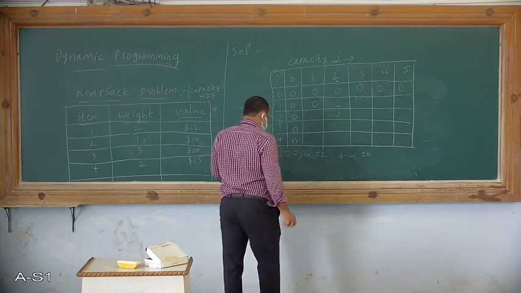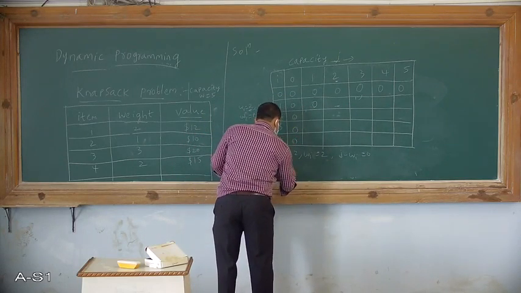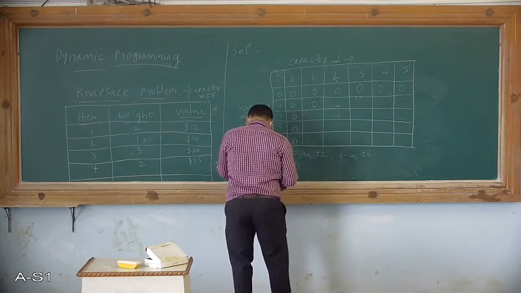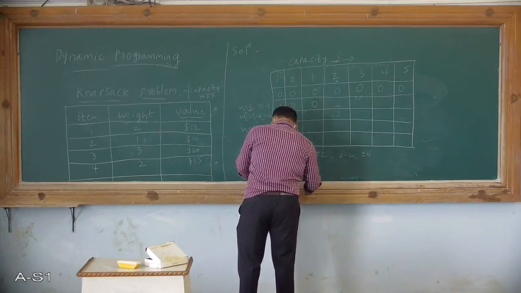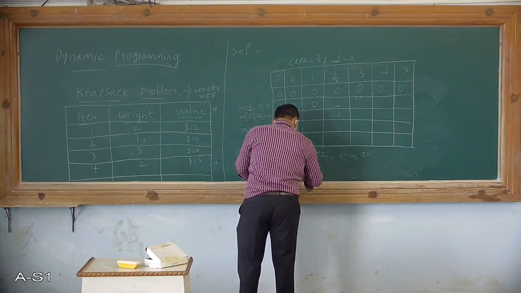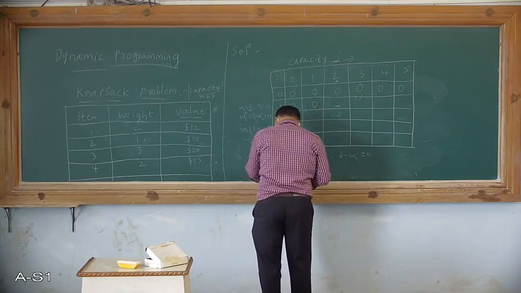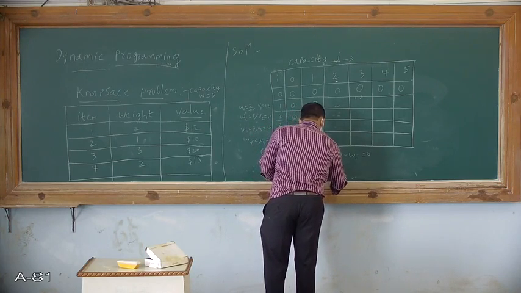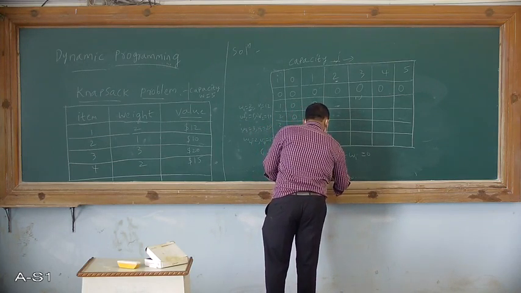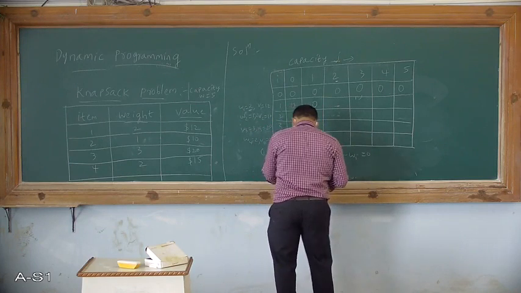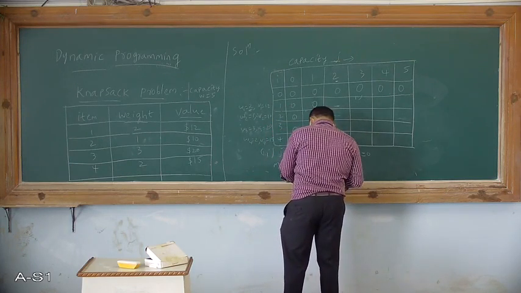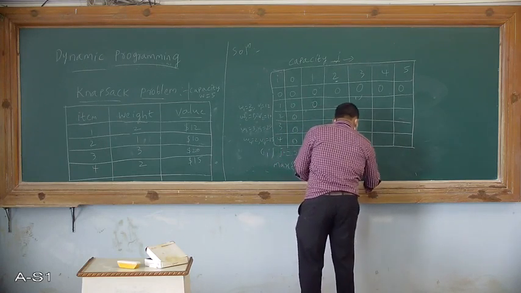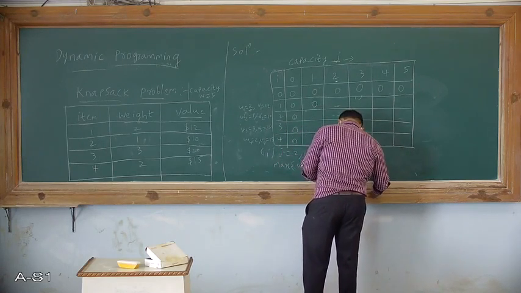Max of V of I minus 1 comma j, small v of I plus V of I minus 1 comma j minus wi.